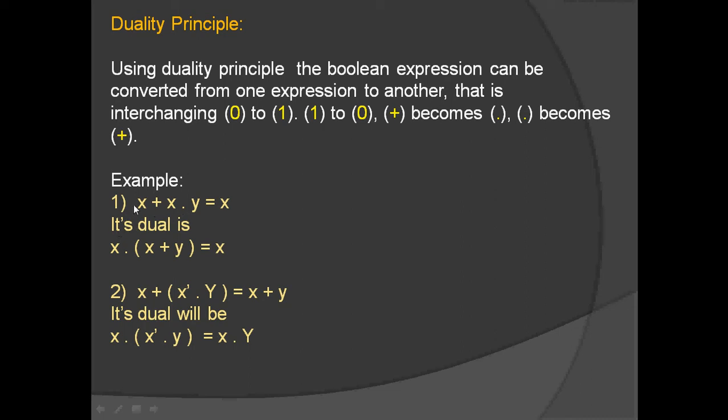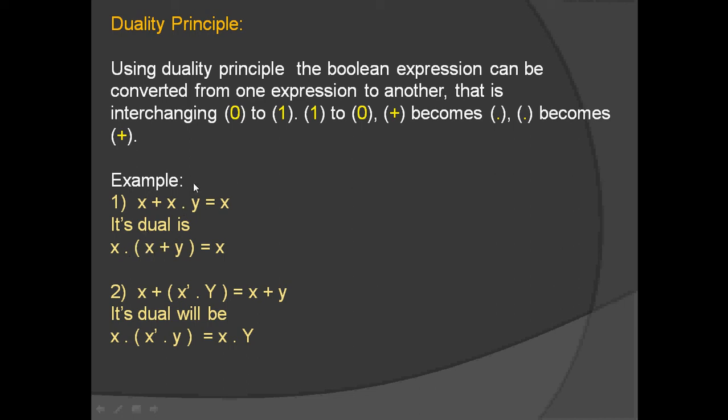So the expression of this in dual form will be, we have to interchange the operators. Here x plus gets changed to x into, and within the bracket x into changes to x plus y equals x. So we just interchange the operators.